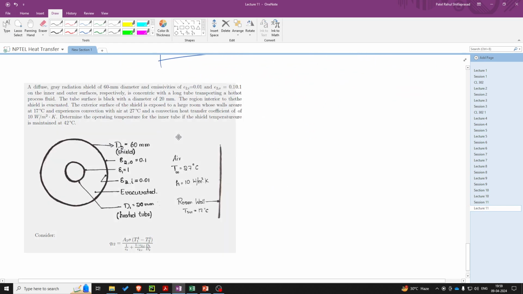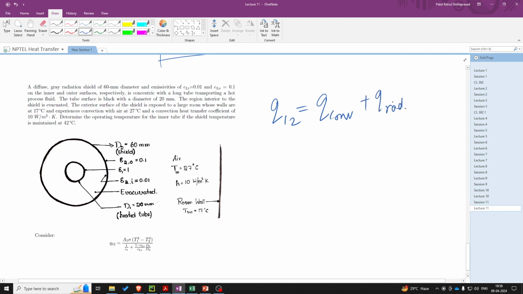So we saw that the overall heat exchange Q12 will be equal to Q convection plus Q radiation.